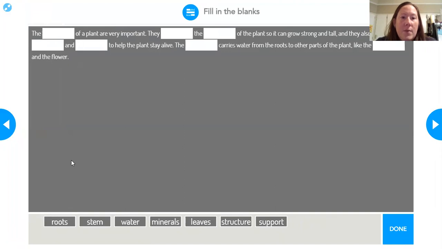The blank of a plant are very important. They blank the blank of the plant so it can grow strong and tall. And they also take in blank and blank to help the plant stay alive. The blank carries water from the roots to other parts of the plant, like the blank and the blank.